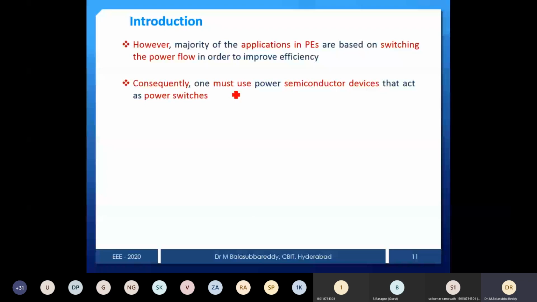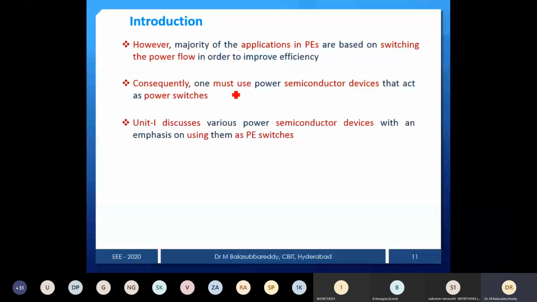Power semiconductor devices like SCR, BJT, MOSFET, IGBT, appropriate devices you have to use. These devices come under unit 1. All the power electronics devices, BJT, MOSFET, IGBT and all, will be discussed in unit 1, and in unit 2 only SCRs we are going to discuss.